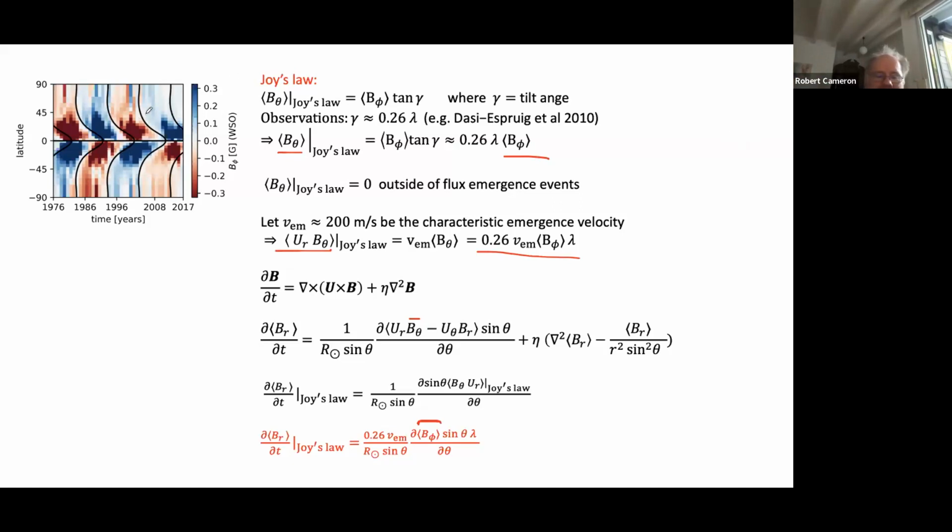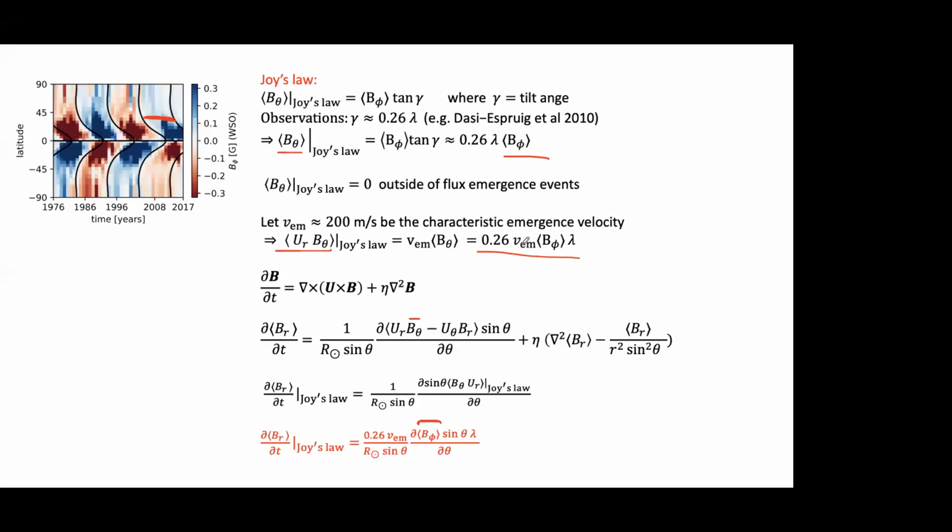If you go back far enough in time, I don't think people expected there to be any toroidal field at the solar surface. But there is. It's small, on the order of a Gauss, but one Gauss turns out to be enough to be consistent with the observations and produce Joy's law.